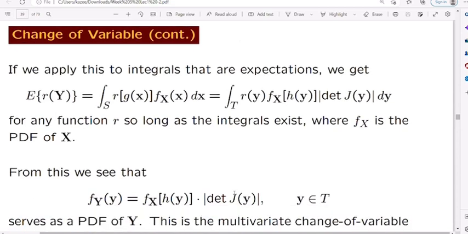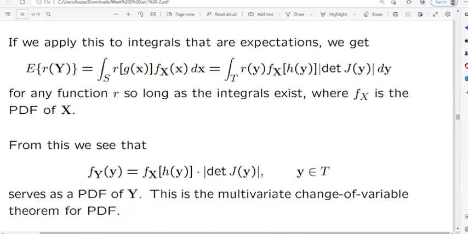And after that, we can actually find the expected value. But we can only find the expected value if we have succeeded in deriving the PDF of the new distribution, which I'm actually going to show you.